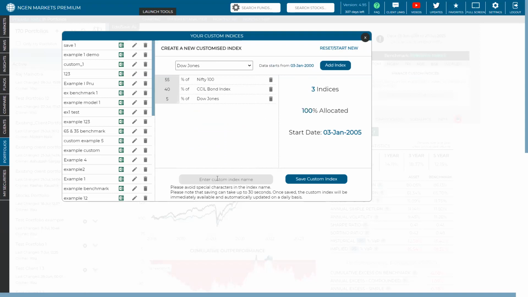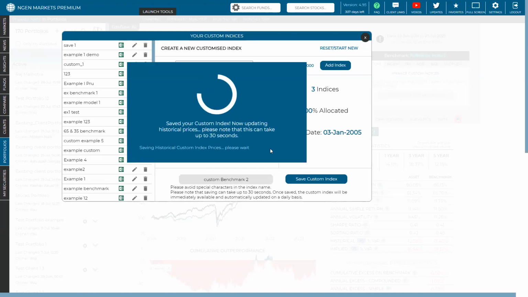Once this is done, just name your benchmark. So let's name this custom benchmark 55 and click on save. Once you do that, this will take some time to save.